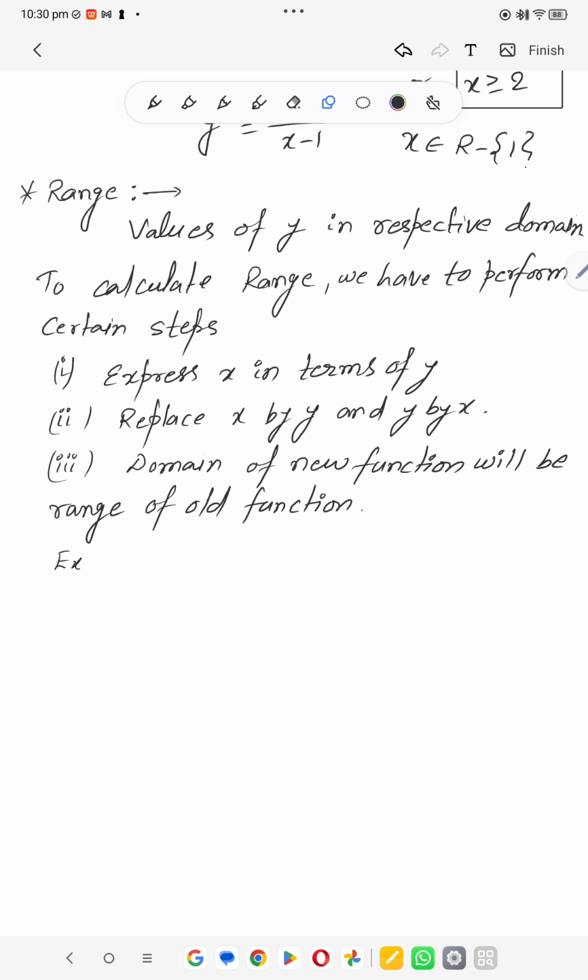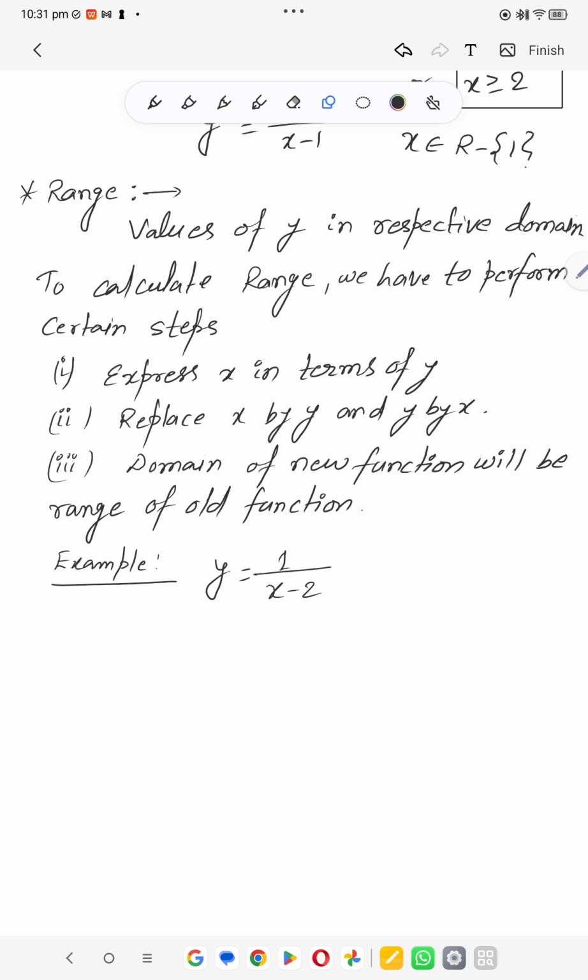For example, y equals 1 by x minus 2. Now express x in terms of y.